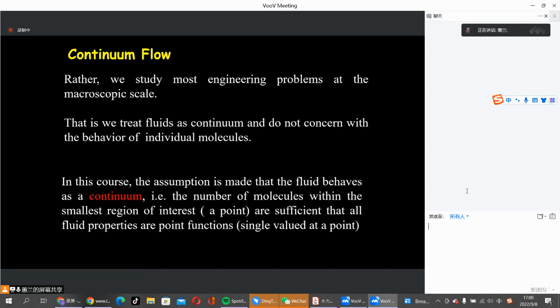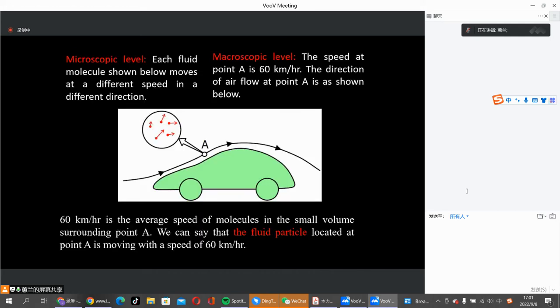So instead of studying fluid molecules, we study the fluid particle or fluid element. As a result, the properties of the fluid are point functions, or single valued at a point. This is very, very important. Okay, we take an example here.